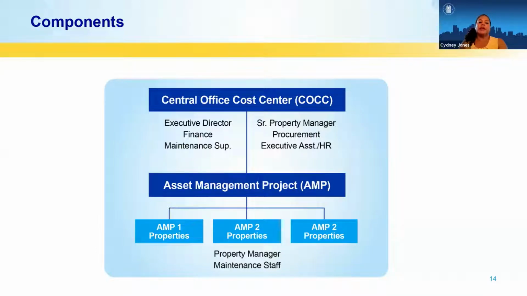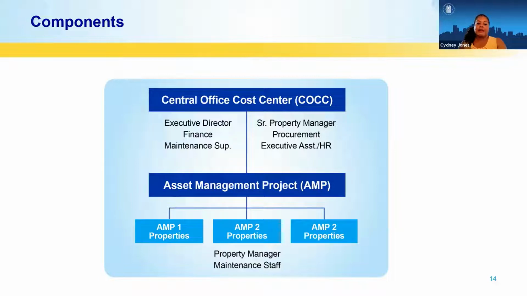Even if your PHA has less than 250 units, they're not required to manage their properties or portfolio through the asset management model. However, this section can really be informative because all PHAs can benefit from looking at their operations from an asset-based perspective and can benefit from the board's monitoring of their assets and property management and maintenance.